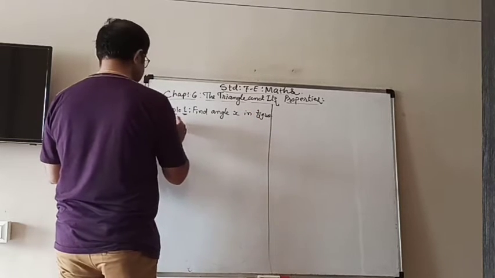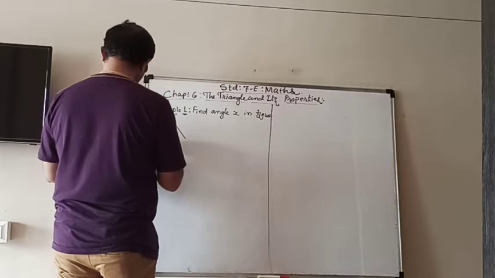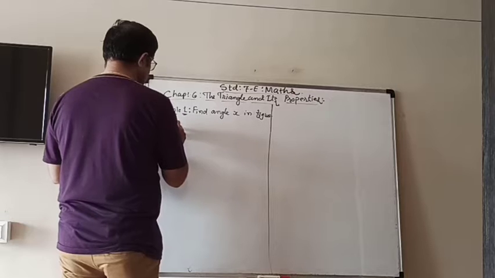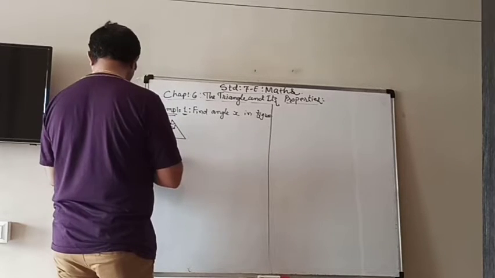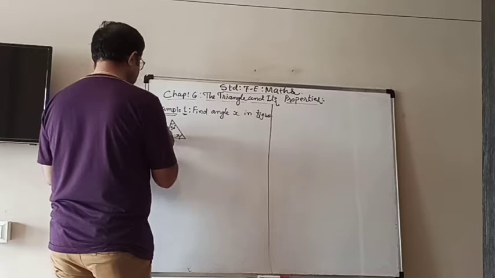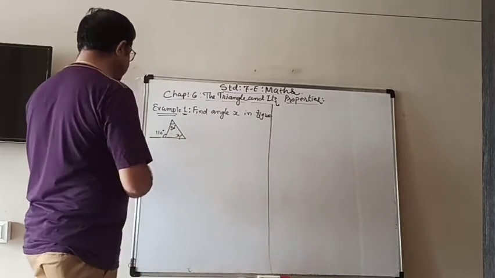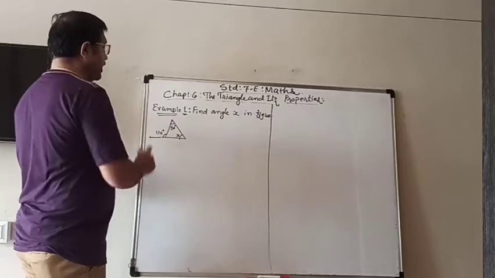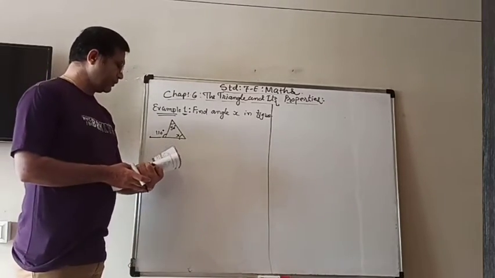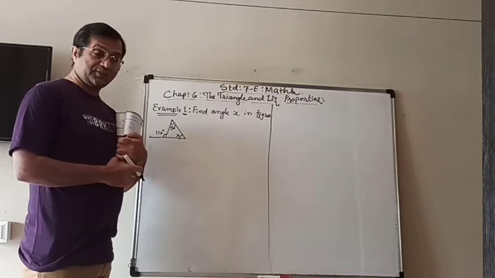So here the figure is given. One angle is 50 degree and the exterior angle here is given 110 degree. So now we know the property of the exterior angle.